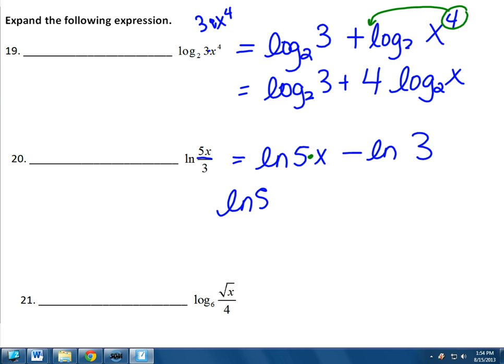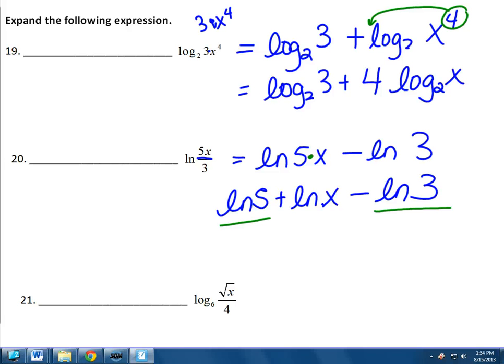That can be split up into the natural log of 5 plus the natural log of x, and then we have minus the natural log of 3. Now this one's kind of easy to see the benefit of, because I can plug this into my calculator and get an estimation for the natural log of 5, an estimation for the natural log of 3, and the only one I don't have is what this x is. So I can get closer to what the value should be by doing this expanding.